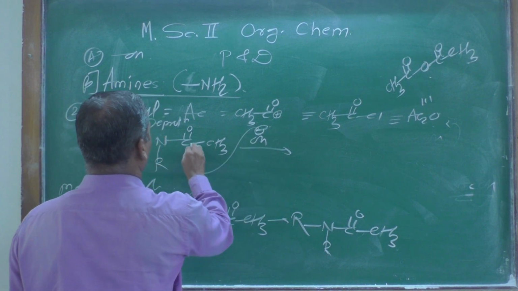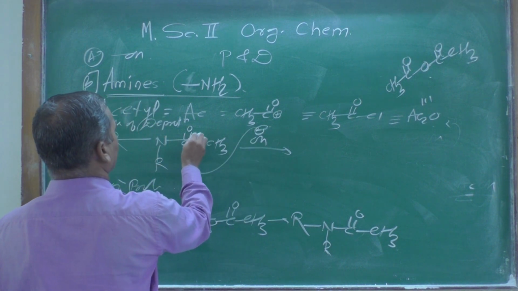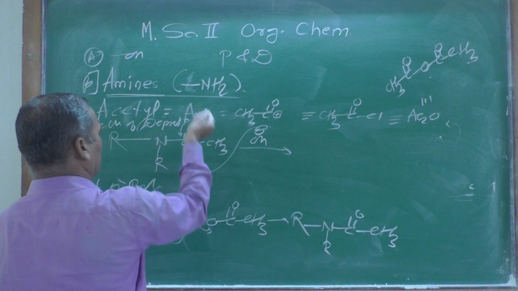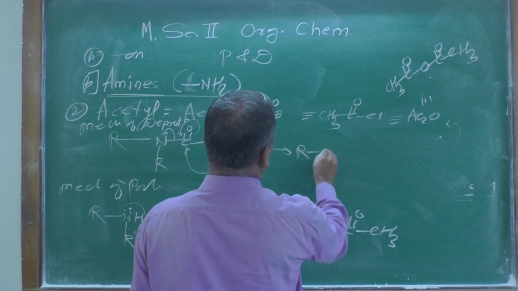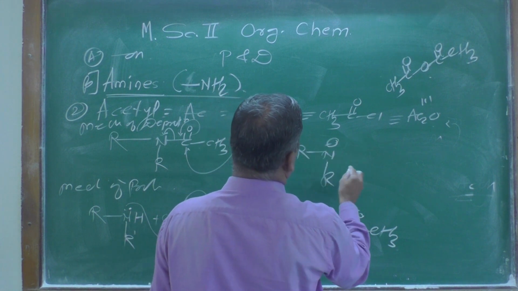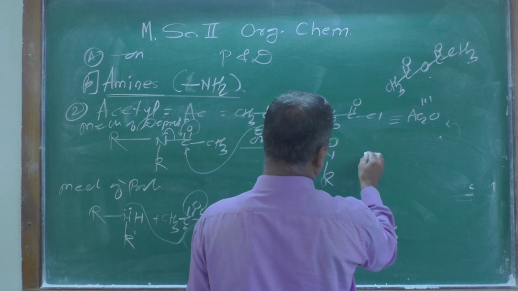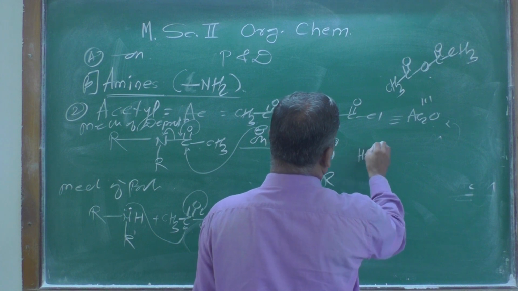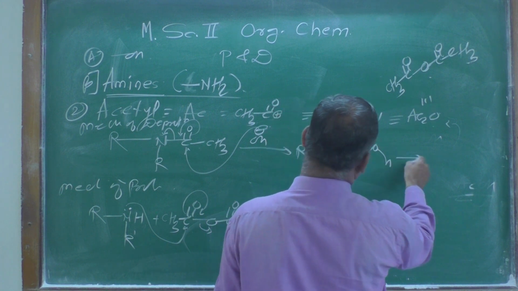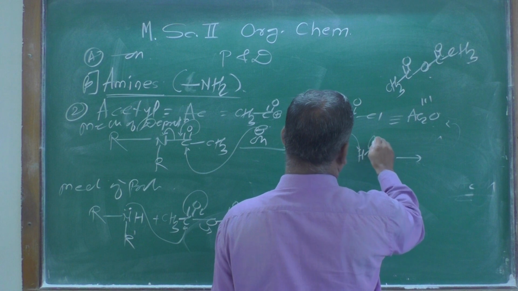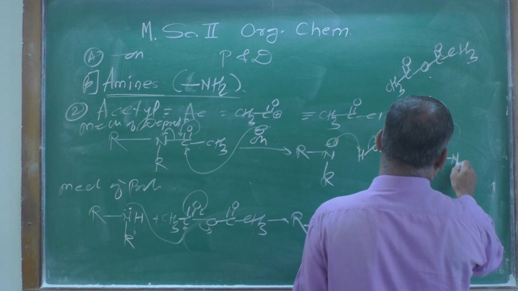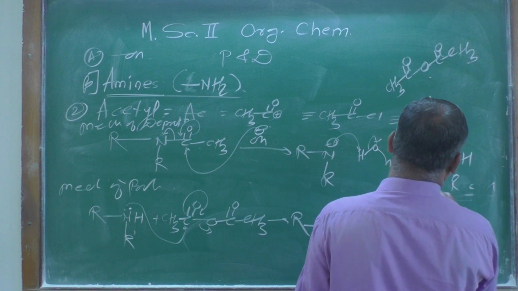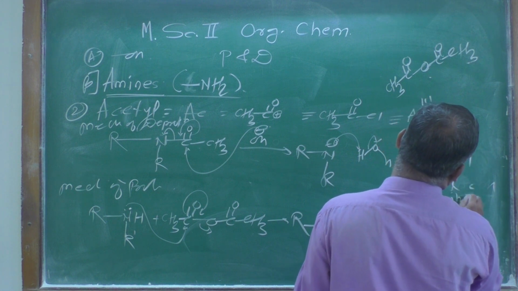OH minus attacks over here, then this double bond shifts around to the negative charge over there, R, N minus, R, and then this will pick up a proton from water like this, and you will get R, N, R and H, that is the amine back.